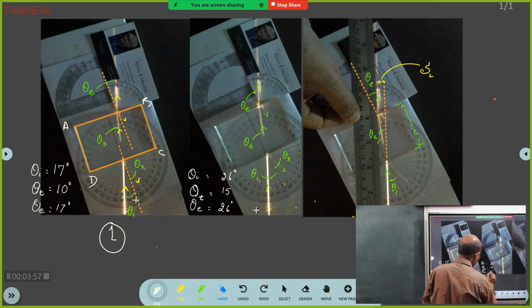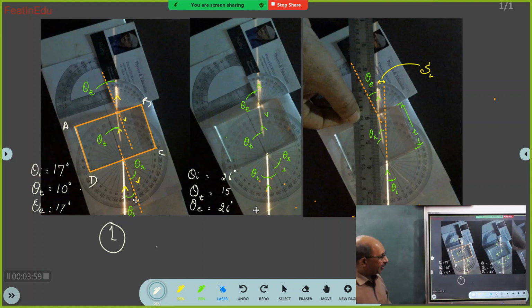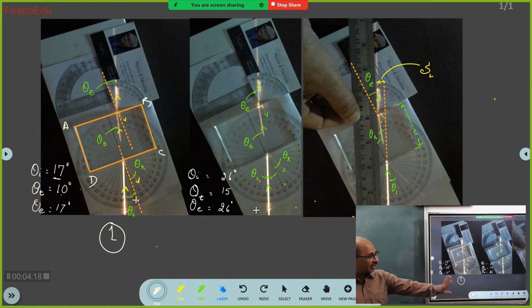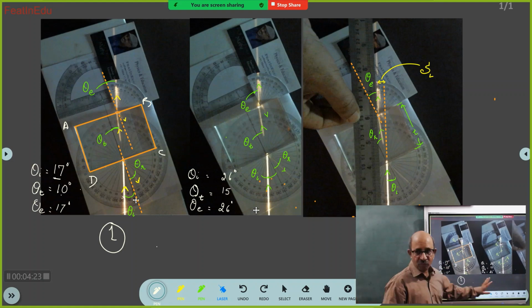We have got this series. And we slightly altered it, we turned it, and therefore we saw a different angle of incidence. Now the angle of incidence is 17, and we got the corresponding angle of transmission as 10. Here the angle of incidence is 26, and we got the corresponding angle of transmission as 15 degrees. These were our experimental observations. I have presented these observations on the board for all. Any questions on this, please ask before I proceed to the next page.